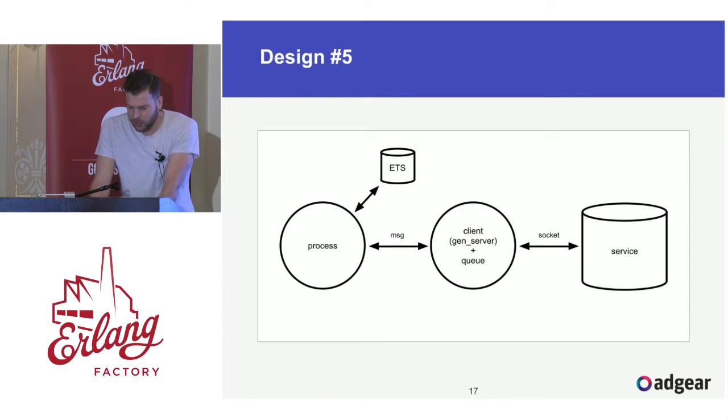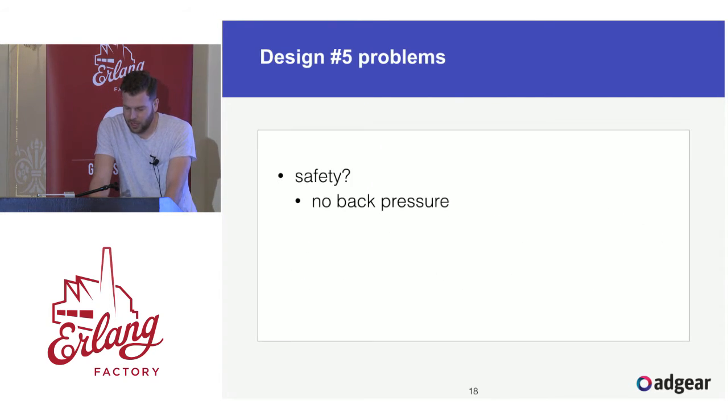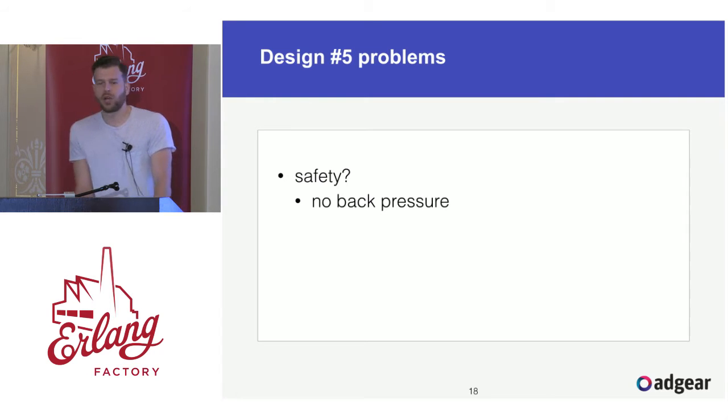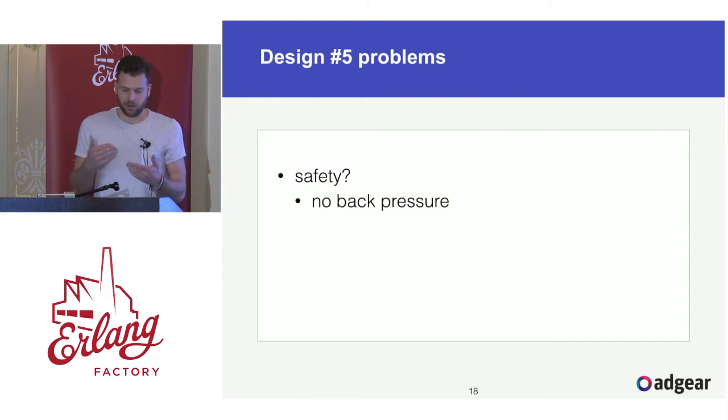Now it's concurrent. We can do as many requests as we want, but do we have safety? In this case, no, because since everything is async, we have no guarantees of any kind of back pressure. So if the server slows down, if anything happens in the system, it's possible that you'll just enqueue a million messages, run out of memory, and the VM dies.